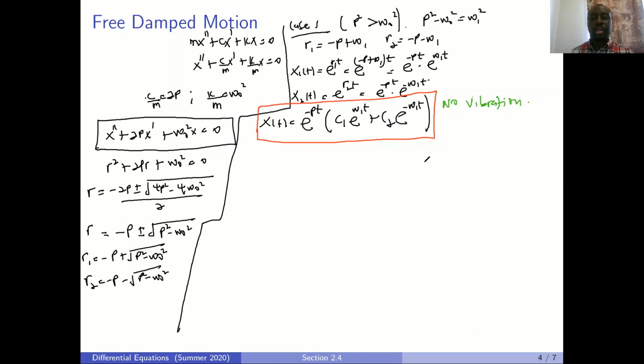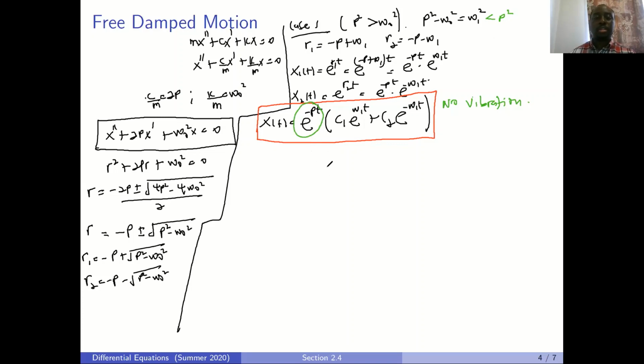There's no vibration here. Notice that from here w1 squared is definitely going to be smaller than p squared. So in terms of this function, this term here is going to dominate the behavior of this function over time, because p is much greater than w1.